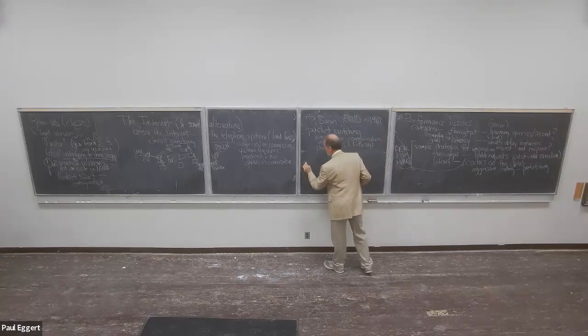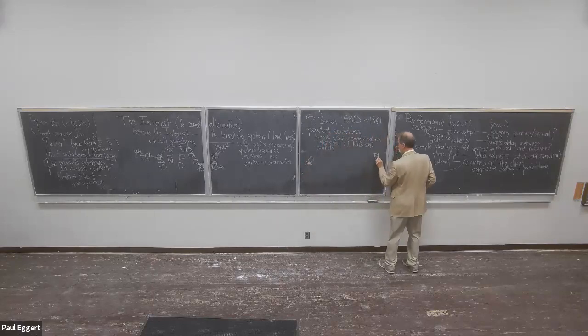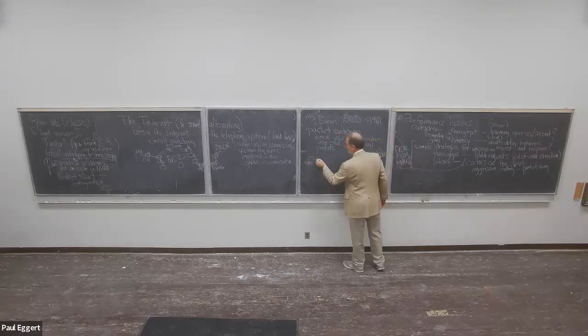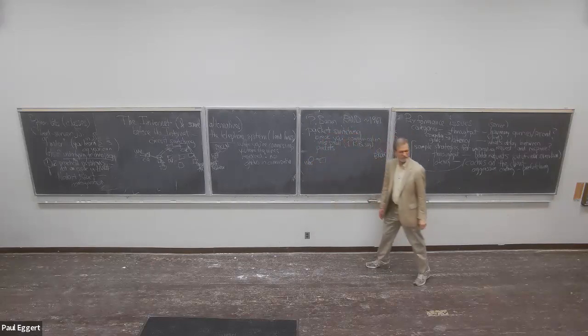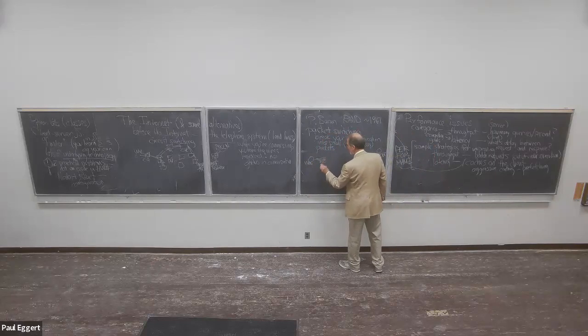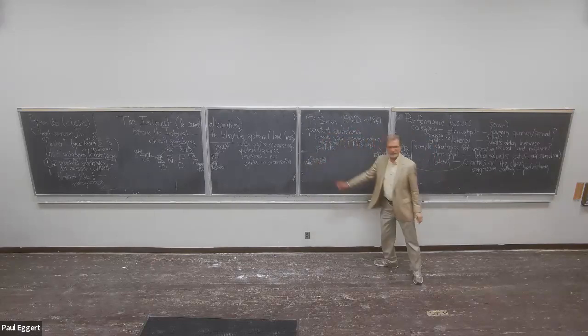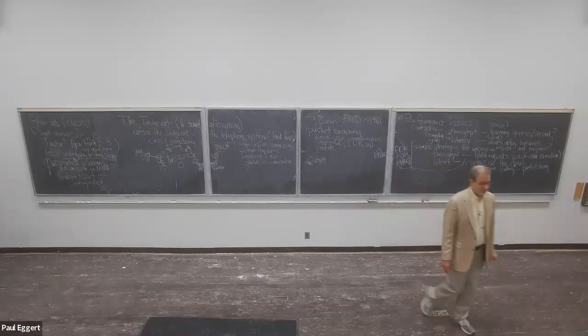So now, if I'm in Westwood and I want to send a packet to Brooklyn, what I do is I just send the packet off to my central office and say, send this packet to Brooklyn. The central office has a little bit of memory in it, a little bit of RAM.